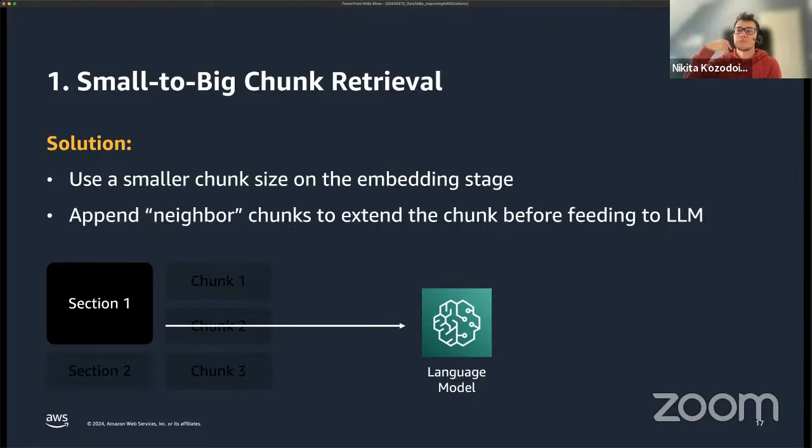But when we actually provide the notes to our LLM, we will not provide a single paragraph. We will provide the whole page or the whole section that contains this paragraph. And this will help because then the LLM will have a bigger context and will be able to answer our question in a more precise manner. So this was the first technique I wanted to talk about.